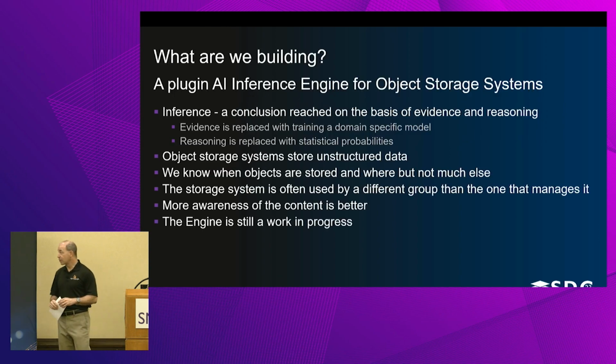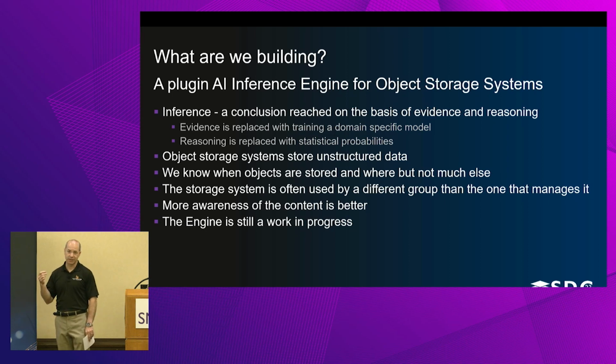So what are we building? Like I said, it's a plug-in AI inference engine for object stores. I realized when I created the slides that I should probably talk about inference for a second, because not everybody knows everything that we know. The definition of inference is a conclusion based on evidence and reasoning. AI modifies that in certain ways, in that you don't really take into account evidence.